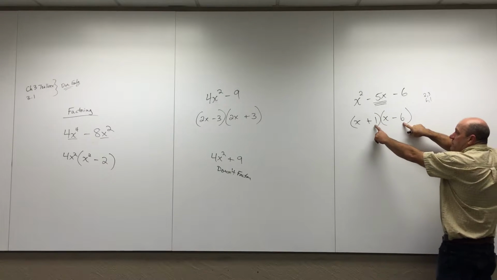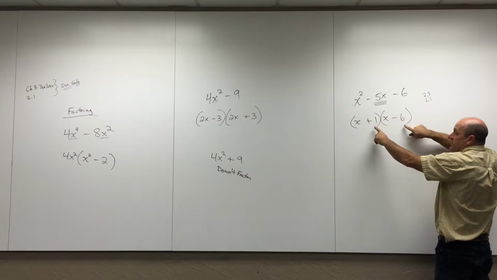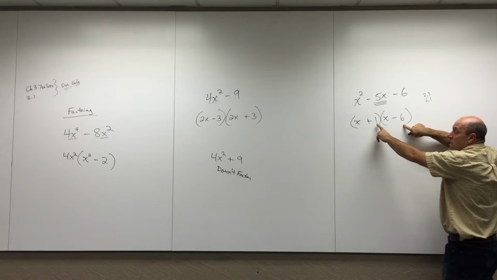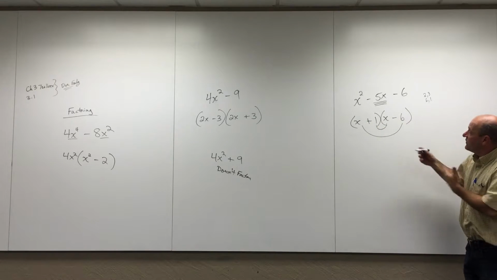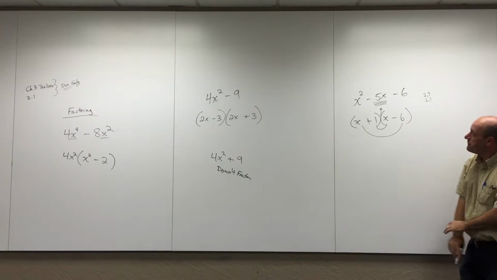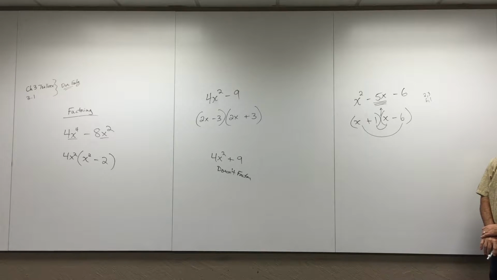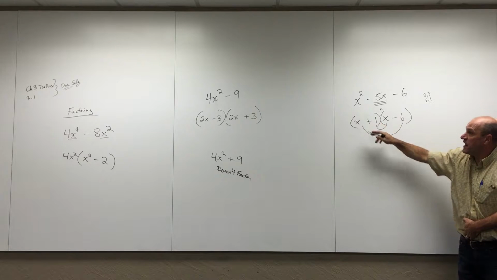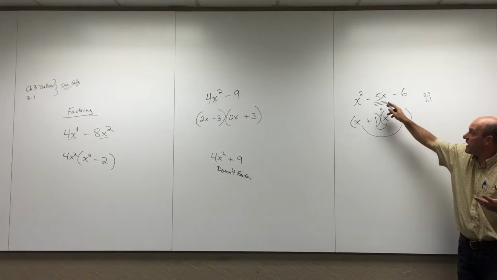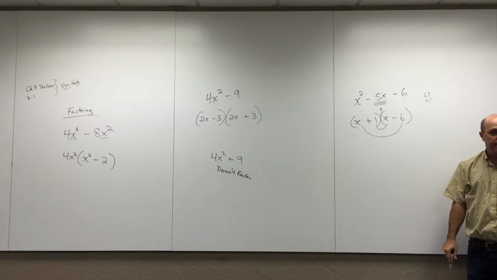The last two numbers have to multiply to be -6. I think I got that accomplished. And then when you multiply the inners and the outers, does that add up to your middle term? It's a 1x and a -6x. A 1x and a -6x is a negative 5x. Yeah, we got it. It's factored.